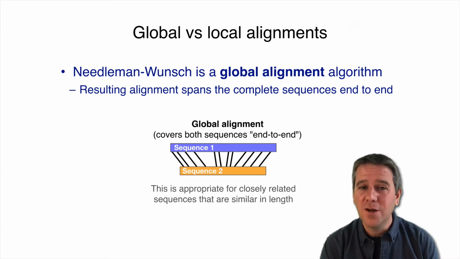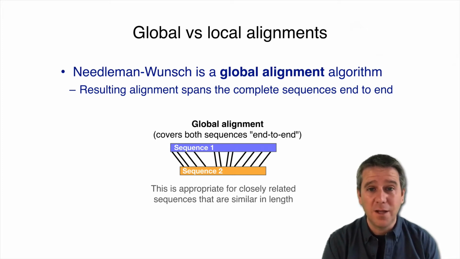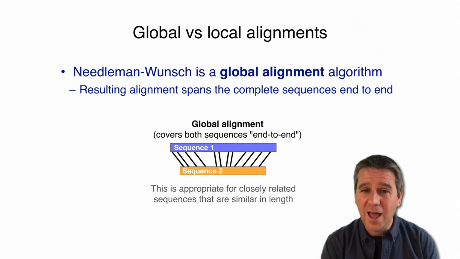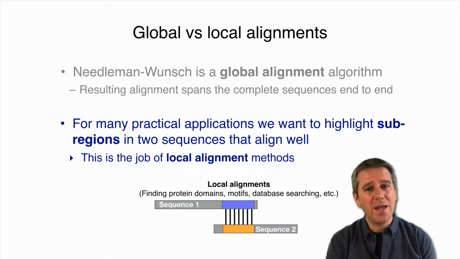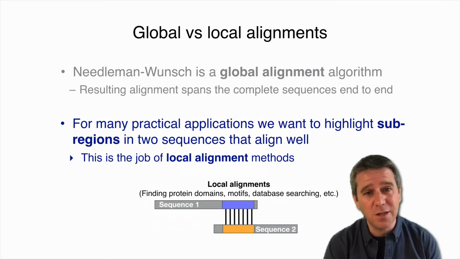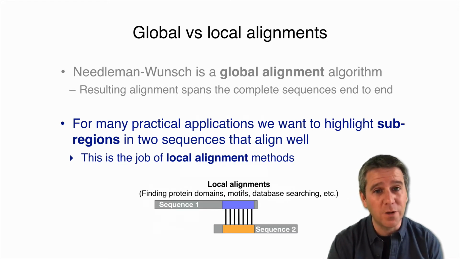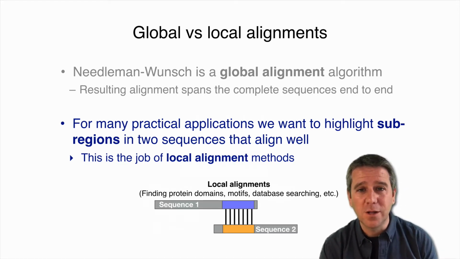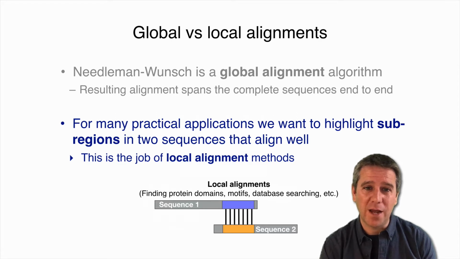Now this is fine and totally appropriate when we're comparing closely related sequences like these two that are somewhat similar in length. However, for many practical applications, we actually want to highlight not end-to-end similarities of two sequences, or global similarities, but subregions within two sequences that might align well.